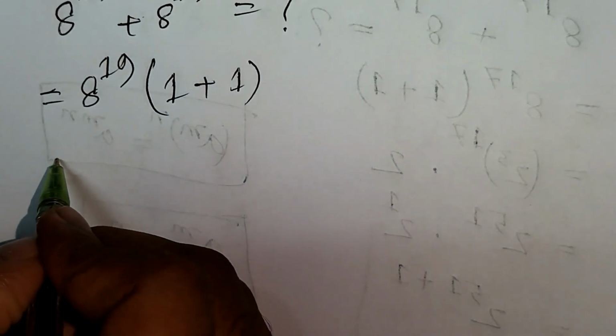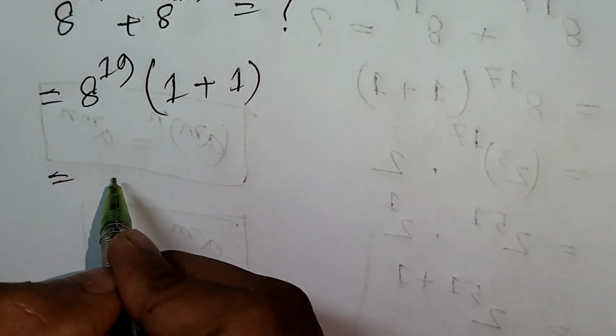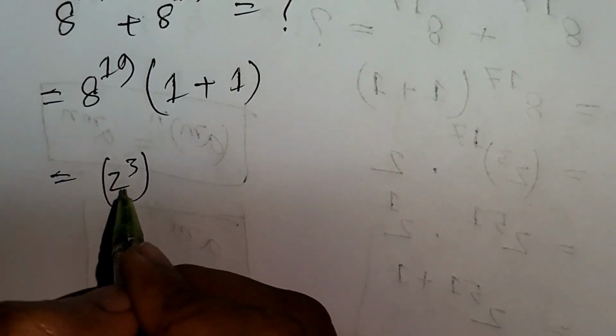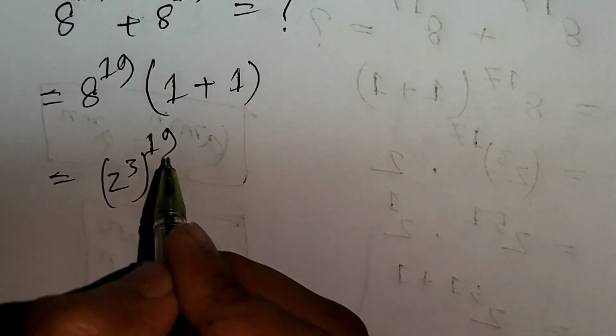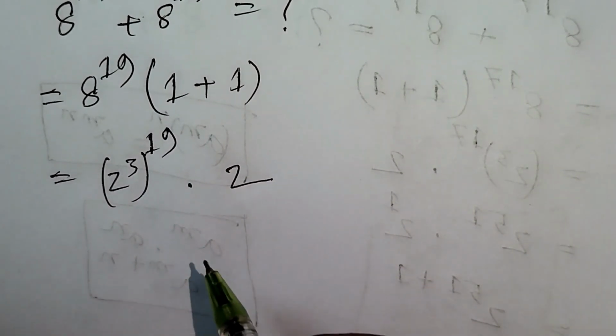So 8^19 is the same as (2^3)^19 times (1 plus 1), that means 2.